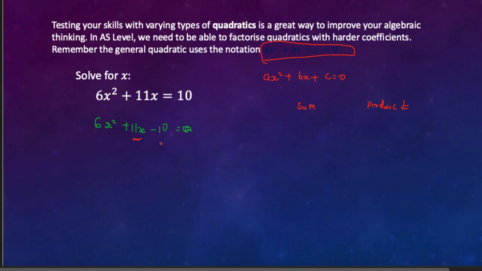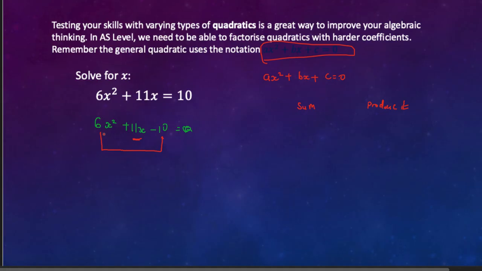Alright, so now let's start factorizing. So basically when we are starting, we multiply. In this case, the coefficient of x squared is not 1. So even if it is 1, this method cuts across. So we multiply the coefficient, the a, with the c.